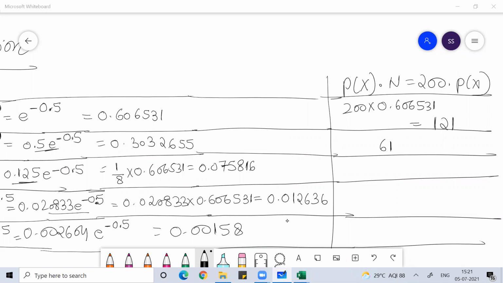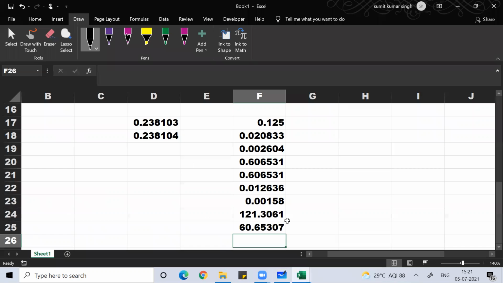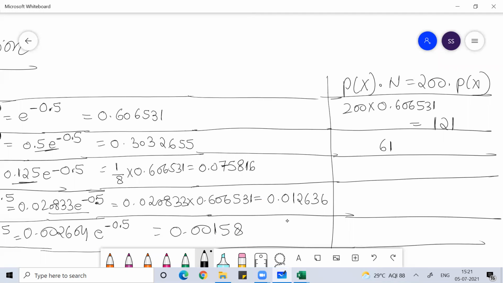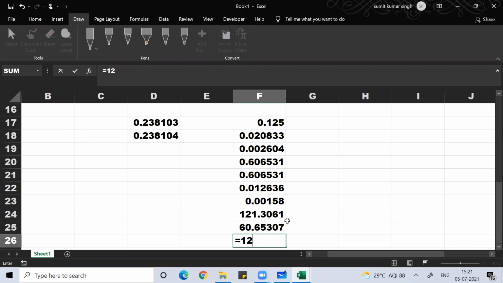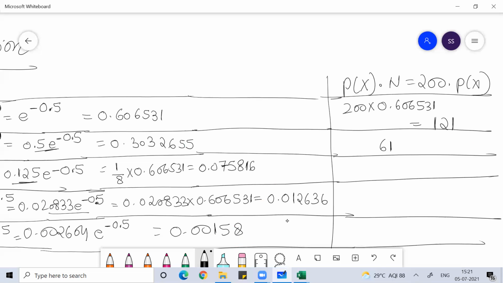Then 0.0758, which is 1/8 of this value. 121 divided by 8 is approximately 15.